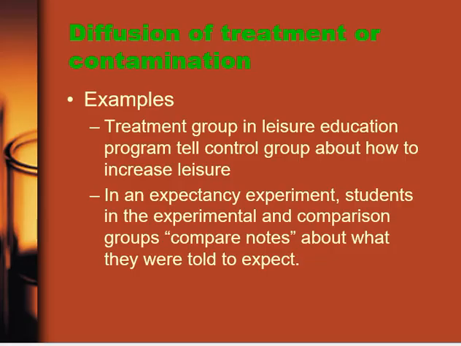So anytime you have people in your experimental group or your control group talking to each other about the study, this can impact results. And also, if there's a deception involved, like a placebo, if the participants somehow learn which group they're in, if they're getting the placebo or not, this would also impact.